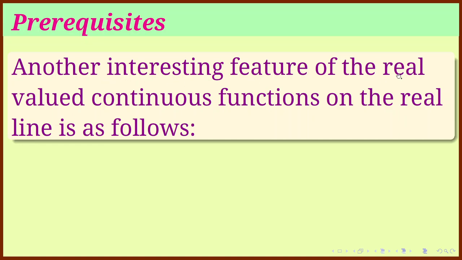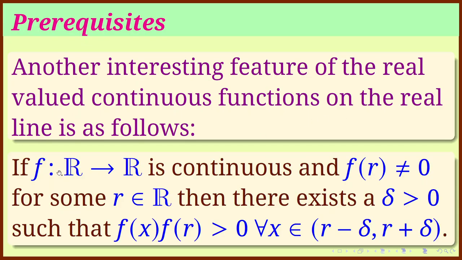Another interesting feature of the real valued continuous functions on the real line is as follows. If f from R to R is continuous and f(r) is not equal to 0, for some r lying on the real line, then there exists a delta greater than 0 such that f(x) and f(r) have the same sign for all x lying in the open interval r minus delta comma r plus delta.